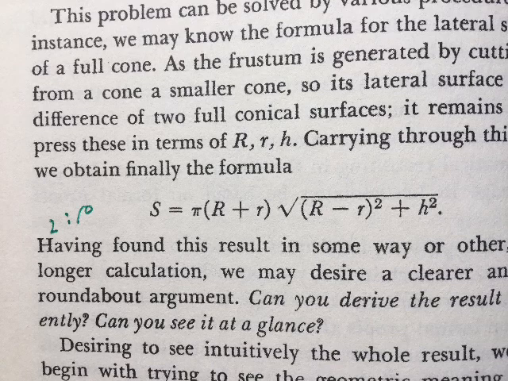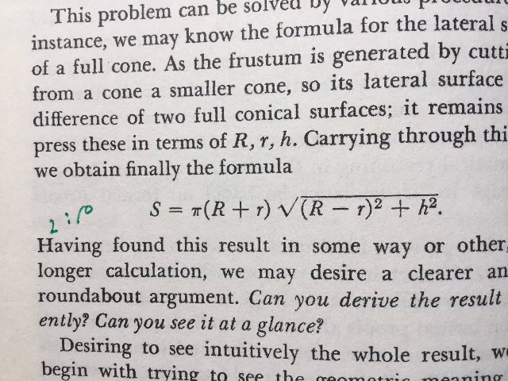This problem can be solved by various procedures. For instance, we may know the formula for the lateral surface of the full cone. As the frustum is generated by cutting off a smaller cone, so its lateral surface is the difference of the two full conical surfaces. It remains to express these in terms of R, r, h.